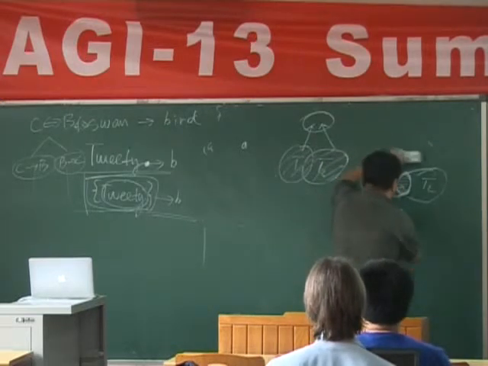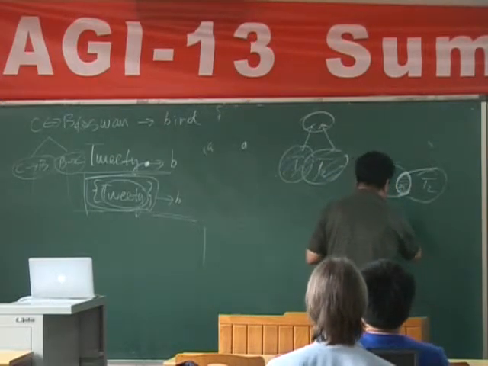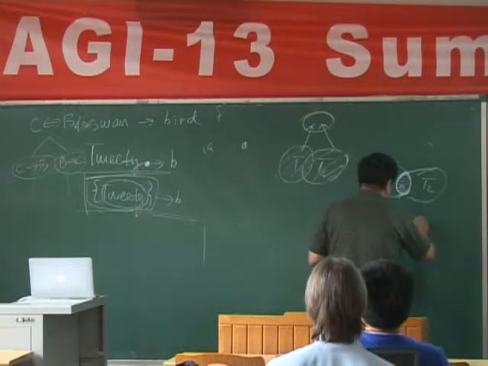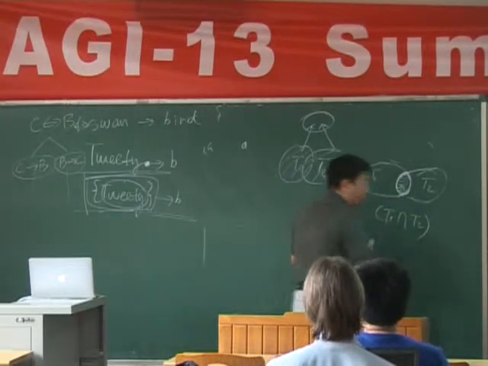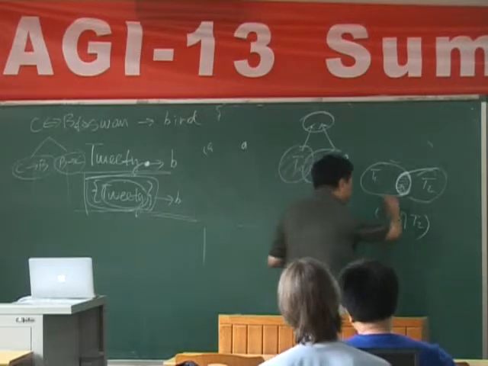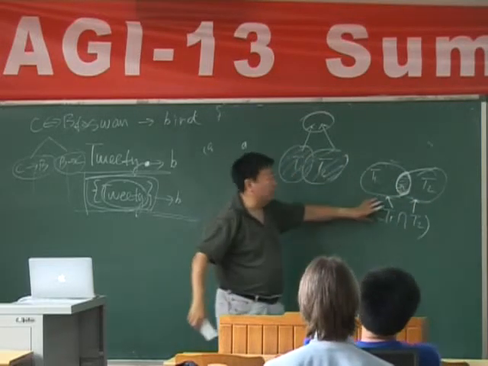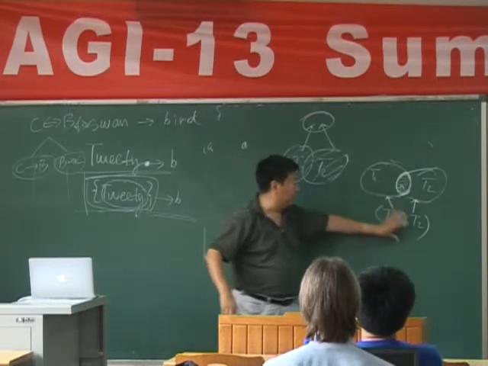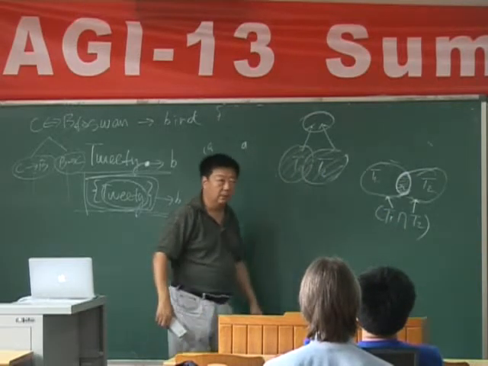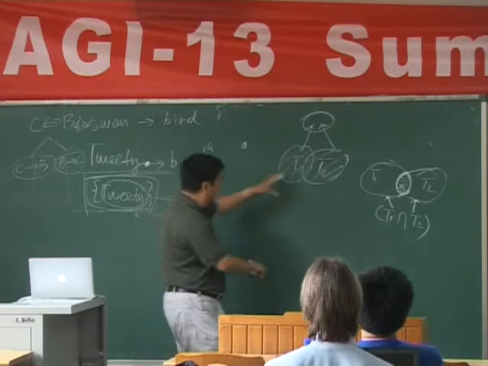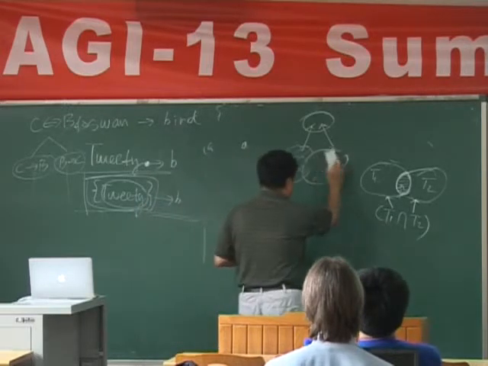Intuitively speaking, if we really want to draw a hierarchy, by definition, you know that this one has this property. This one is a special case of this and also a special case of this. What if you want a general case of this and a general case of that?